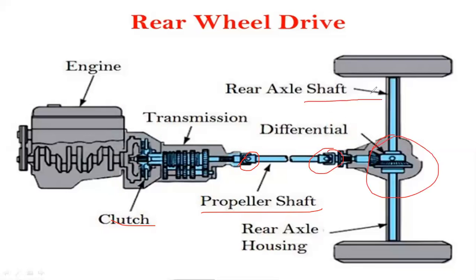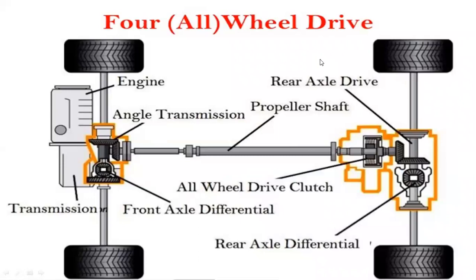Next, rear axle shaft, rear axle housing. Okay, these are the different components or different parts in the rear wheel drive of the automobile vehicle. So there is the propeller shaft position in the rear wheel drive system.